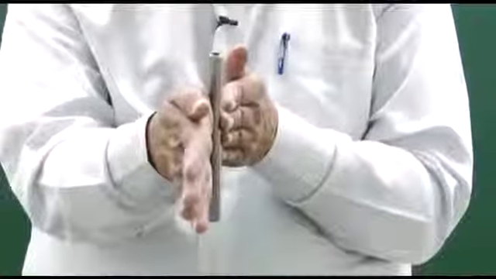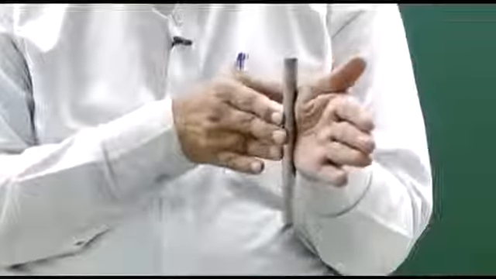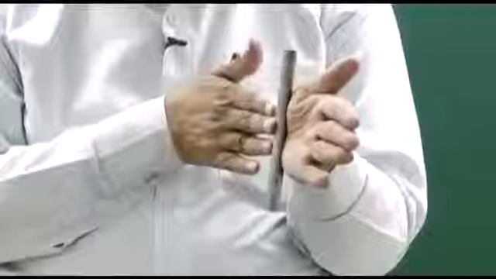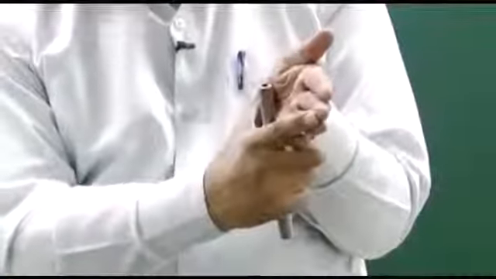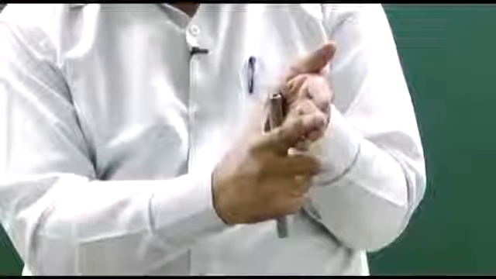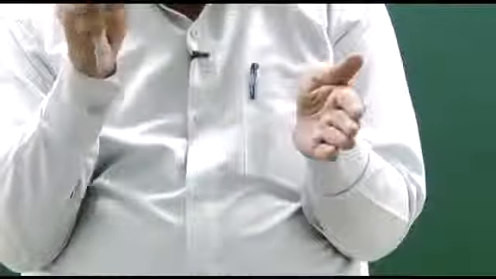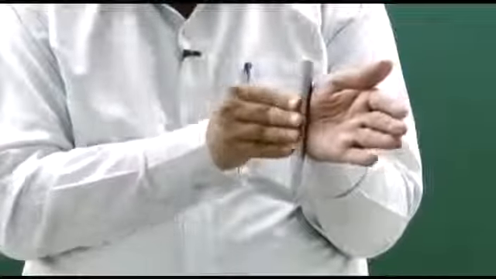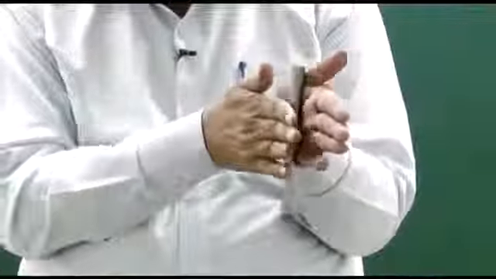So, how much has the tube moved? The tube started from here and it reached here. So the length moved by the tube is this much, the length of this palm. And how much have these fingers moved? The fingers started from here, and where are the fingers now?